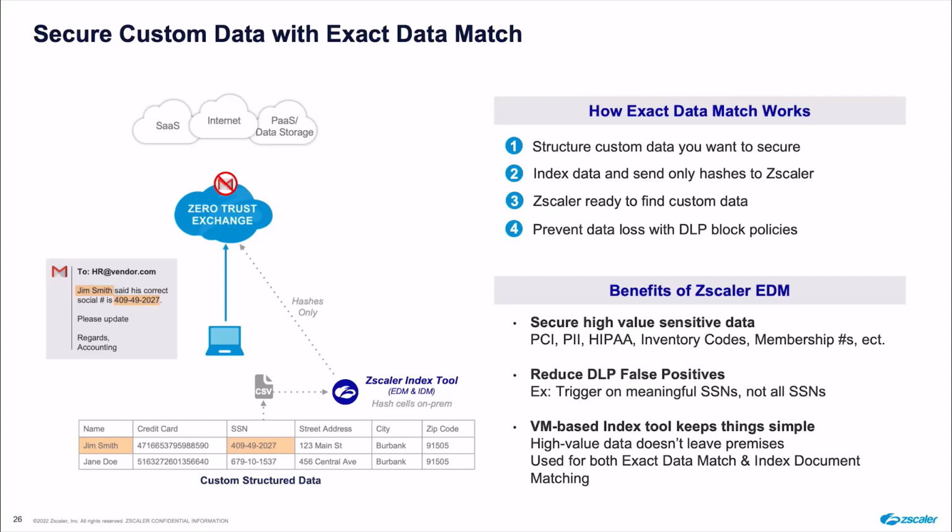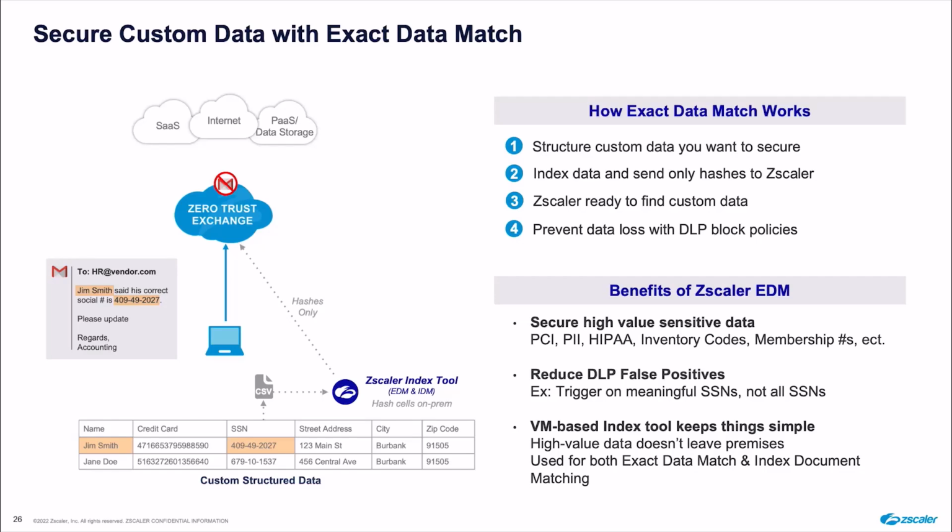So EDM was designed to learn from your structured data. Let's say you have a very large database and you want to protect the data, or let's say you have a large CSV file where you have 200 million rows, 10 different columns. Each row is representing, let's say, one of your employees' PII info.